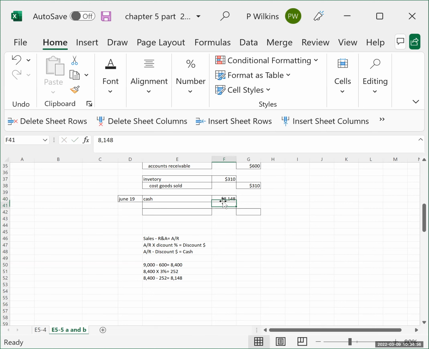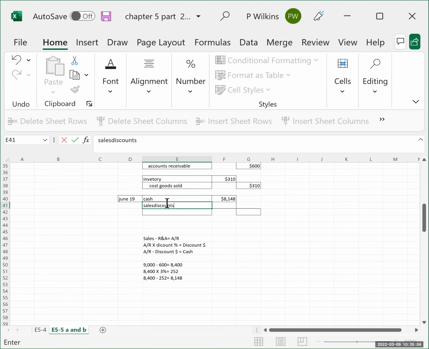$8,148. Okay. We're then going to debit sales discounts. And we're debiting the sales discounts for the dollar amount of the discount, which was $252.